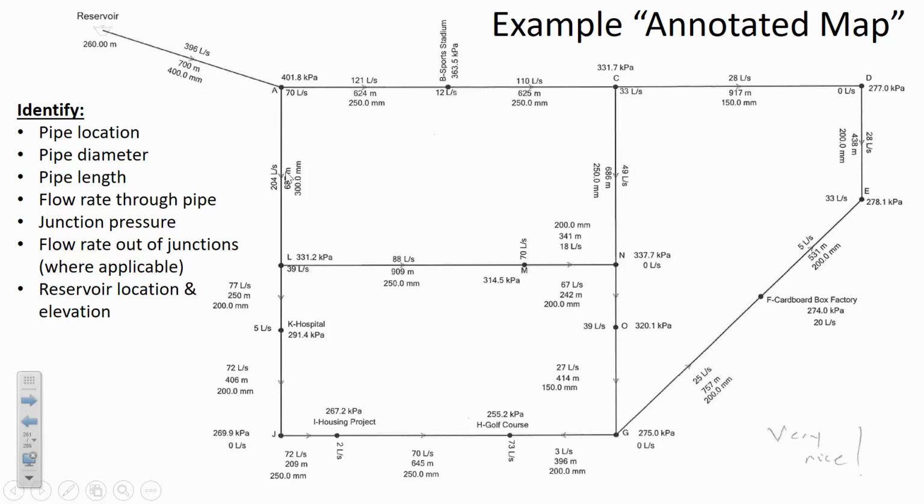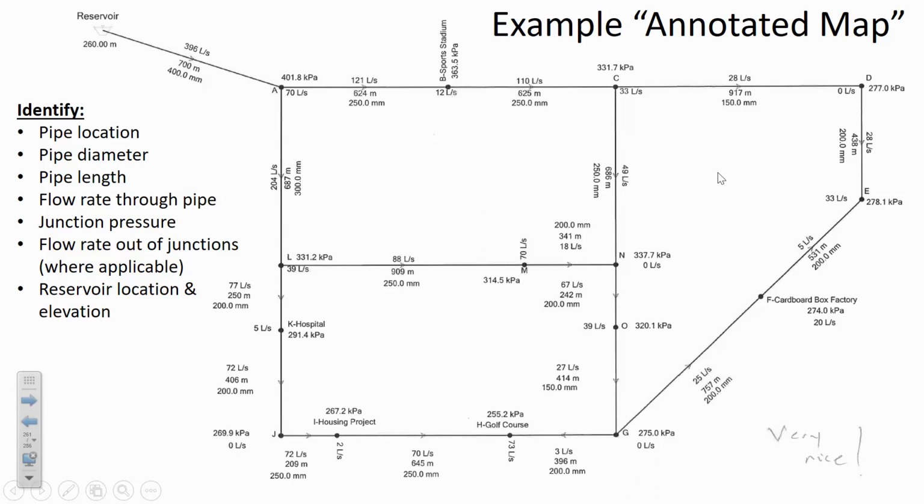You'll notice that at the junctions, the flow rate that's coming out of the junction is annotated, as well as the pressure at the junction. And then for the reservoir, they've identified the elevation that they set the reservoir to. And so this is the annotated map for the peak demand design condition.